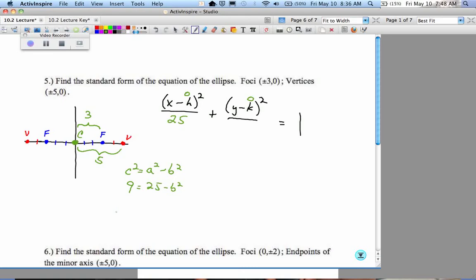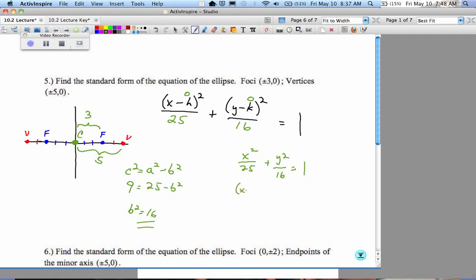However you do it, what do you get? b squared equals 16. I don't need to square root it because I don't need to know 4. The 16 goes there. So we could write this as x squared over 25 plus y squared over 16 is equal to 1.